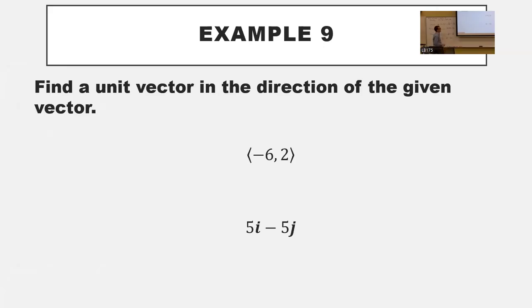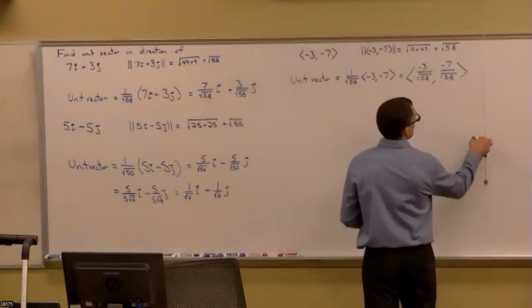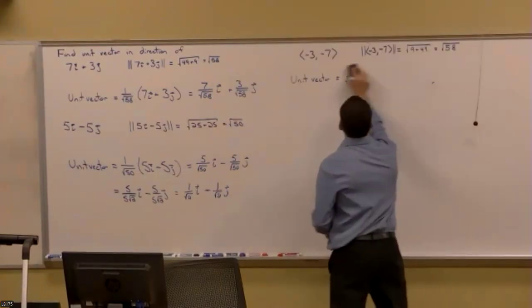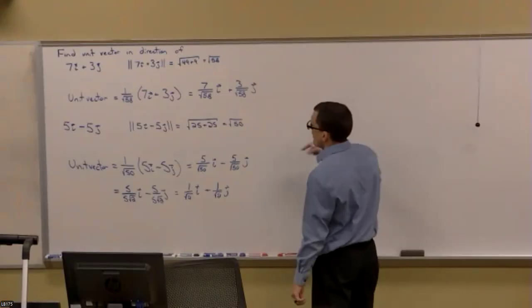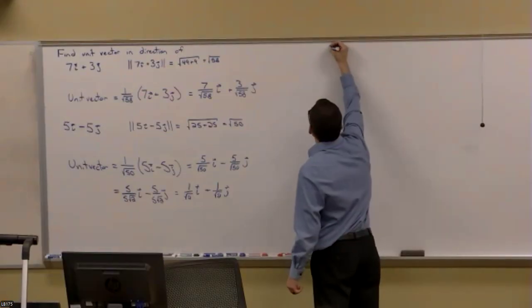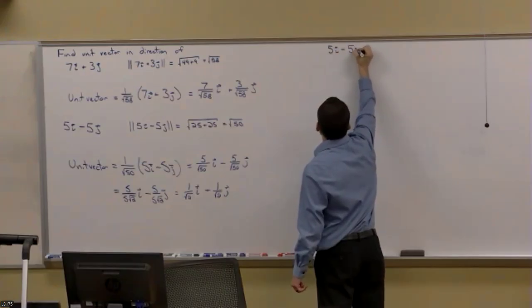Let's do that with the previous scenario. We'll do it once each. So previously we had 5i minus 5j.